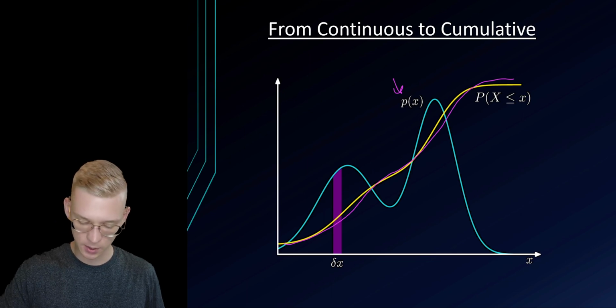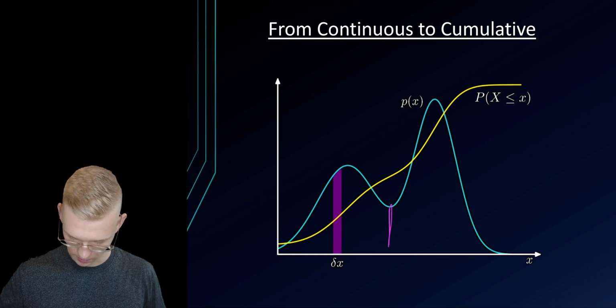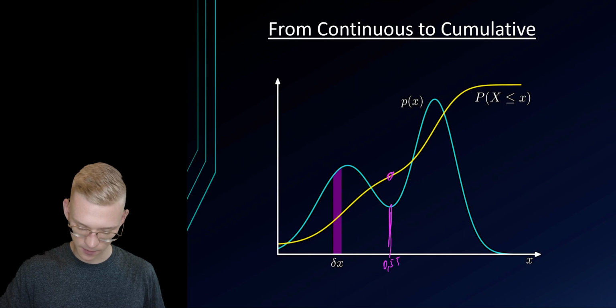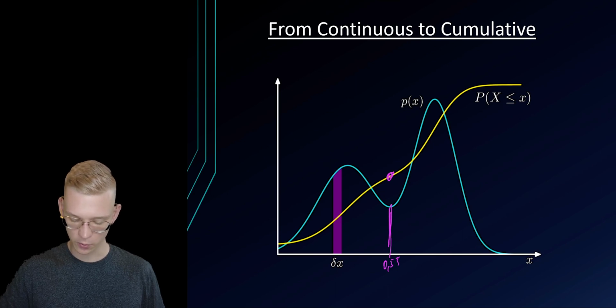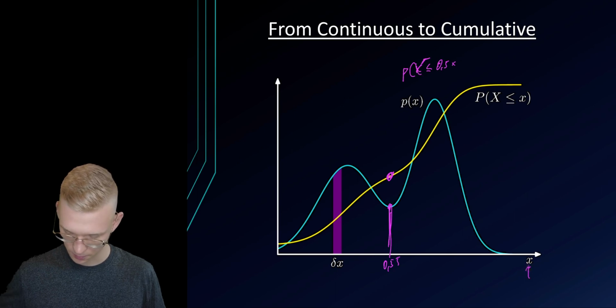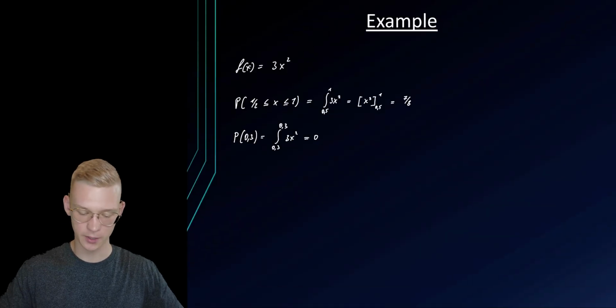If we're now interested in, let's say, the probability of having 0.5, we can just insert that number into our cumulative function, and we see that this value is equal to the probability of capital X being smaller or equal to 0.5. This might still be a little bit confusing, so we can have an example.